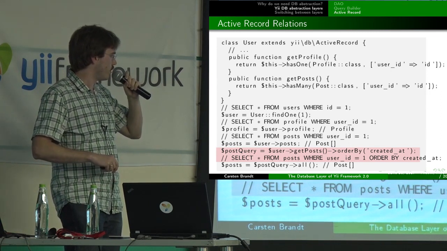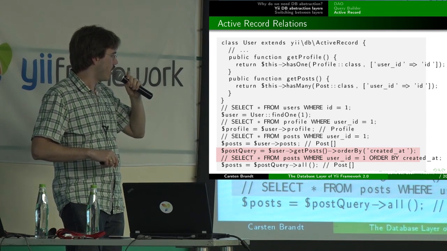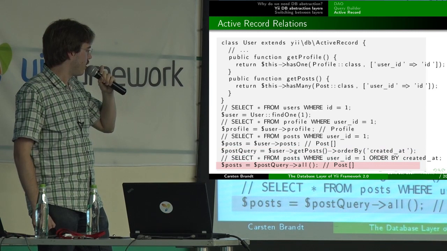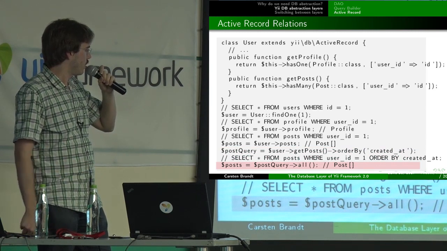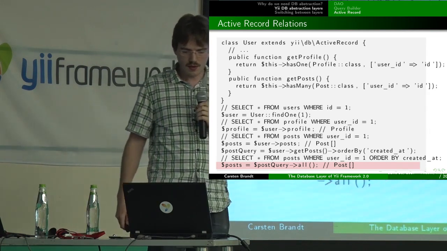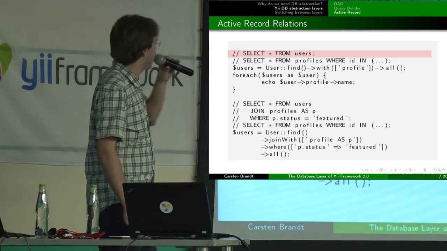So we call the getter, that will return a query as it is defined here, and we can modify it, so we can add, for example, an order by in this case. And the result, if you call all, will then again be an array of posts. Okay.